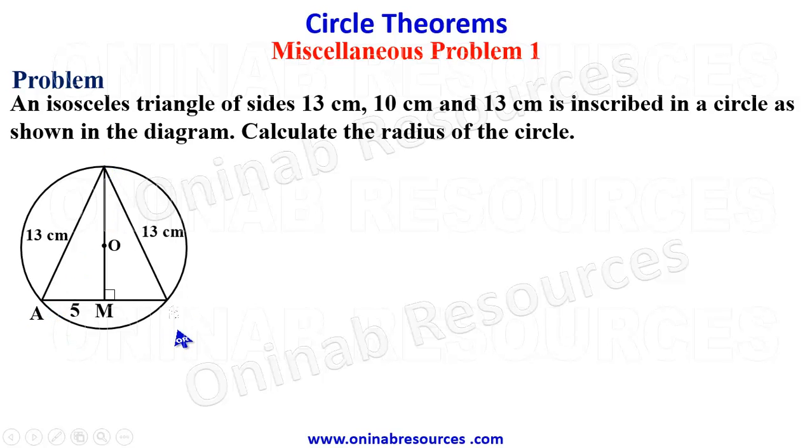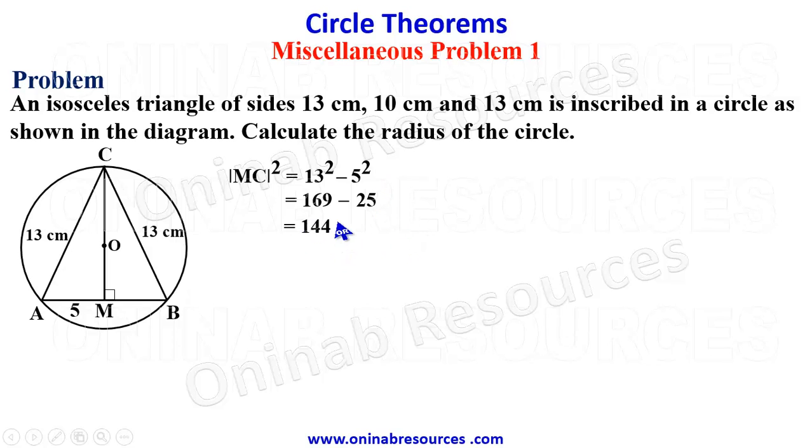This is A, B, and C, which means we are going to find MC, which is the height of the triangle. Using Pythagoras theorem, we have MC squared equal to the hypotenuse squared minus the square of the third side. 13 squared is 169 minus 25, since 5 squared is 25.